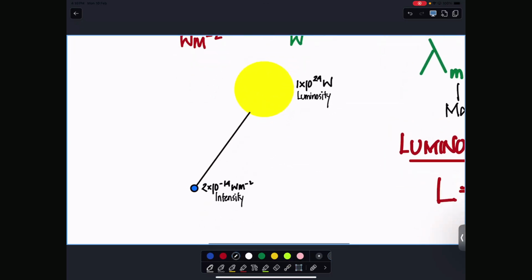What's the equation that links luminosity and intensity? So this distance is d. This is how far you are. The star was supposed to give you 1 times 10 to the power 24 watts, but you're not receiving that.